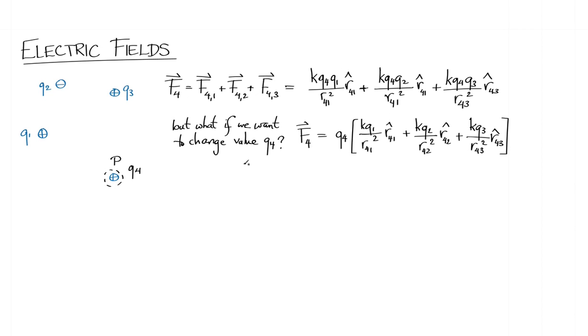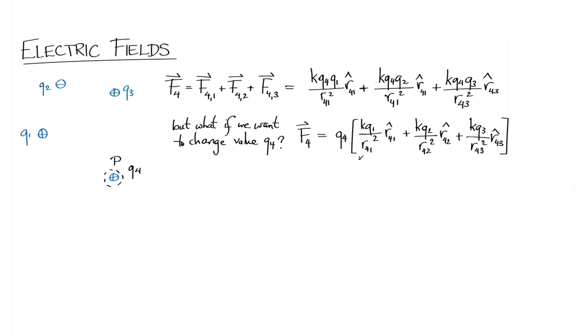So the way I've written this now is a little bit smarter, right? I've written out these other terms here, and now Q4 is factored out. So if I decided I wanted to change Q4 from 10 to the minus 6 coulombs to 3 times 10 to the minus 4 coulombs, or whatever you decided to, all this stuff here doesn't change, right? All you have to do is change the value in front here.